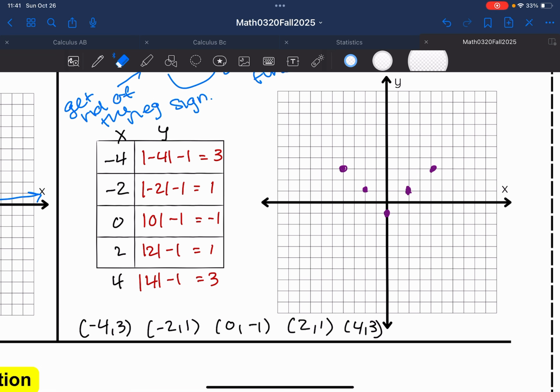Okay, notice if we didn't know this was the absolute value function, we might be tempted to use a U shape just like the quadratic. But know that the absolute value function is a V shape. So when we draw this, we need to make sure that there is a V shape on either end.